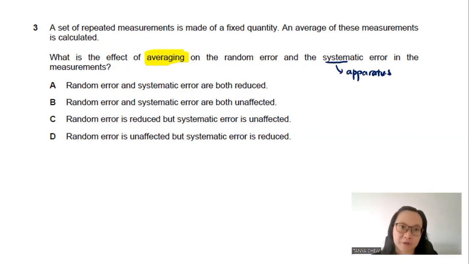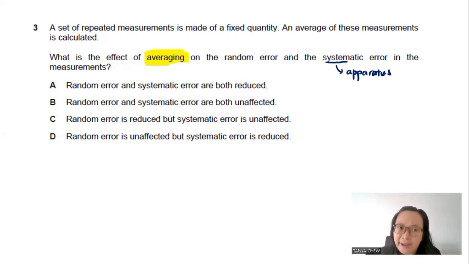You have a micrometer and that micrometer has a zero error, and you happen to forget to subtract the zero error from the micrometer. Don't you think that all your readings will be added with the zero error? So when you take many readings and find the average, the zero error is still there. So you are not reducing systematic error by taking many readings and finding the average.